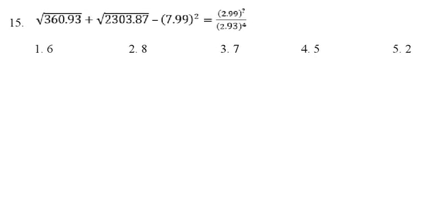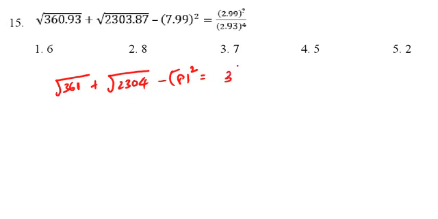Root of 361 plus root of 2304 minus 8 square is equal to 3 power x by 3 power 4. Now root of 361 is 19, root of 2304 is 48 minus 64.